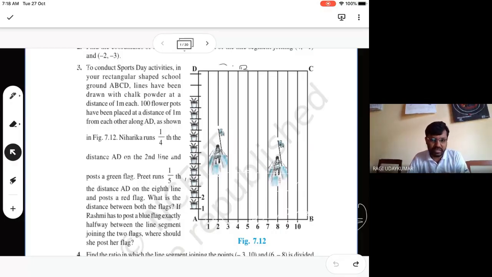Case based questions means section 2 has 4 case based study questions. Means one story will be given to you. Based on that, some questions will be asked to you.